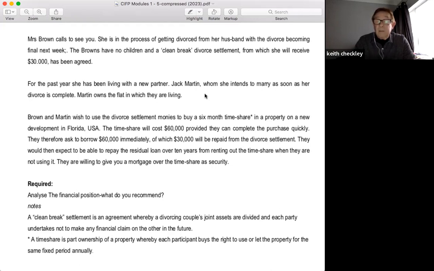Now, I'm not a collateral or security expert, so I would want to take some legal advice on that, but I don't think the timeshare would qualify as collateral for the bank, because behind the timeshare will be the property owning company, management company, or development company, who will have the property as an asset. So I don't think a timeshare could be offered as collateral.